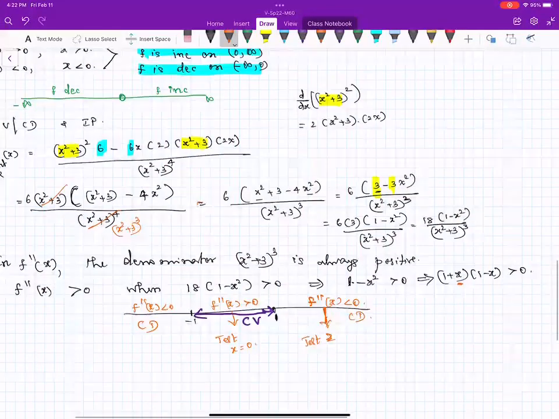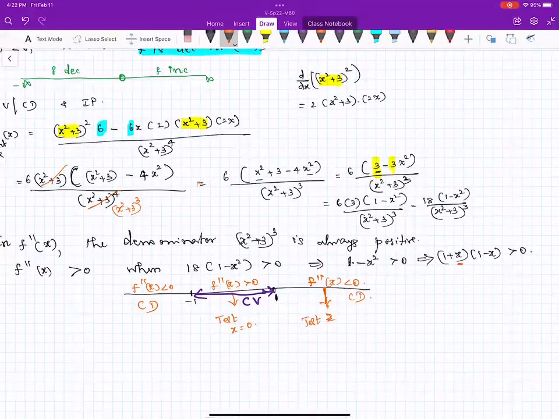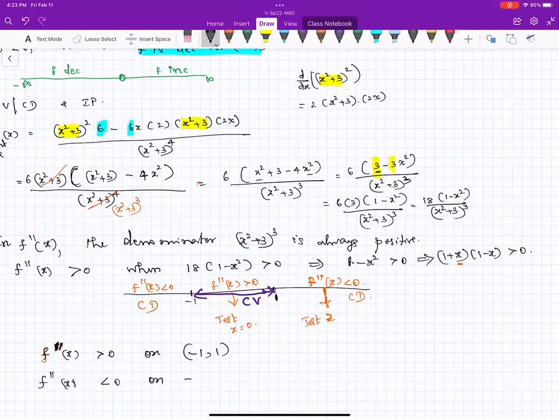All right. So we can conclude here f double prime x is more than 0 when x lies between negative 1 and positive 1. And f double prime x is negative on negative infinity through negative 1, union 1 through infinity.